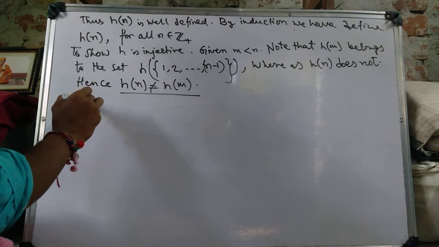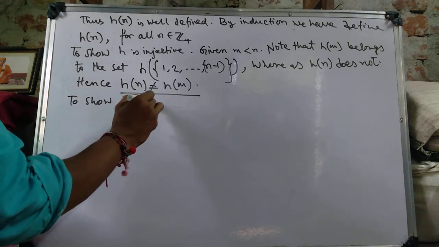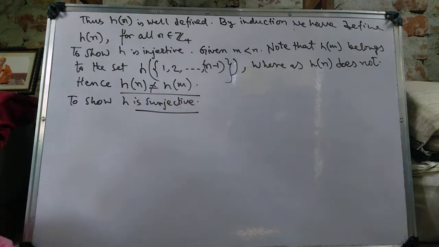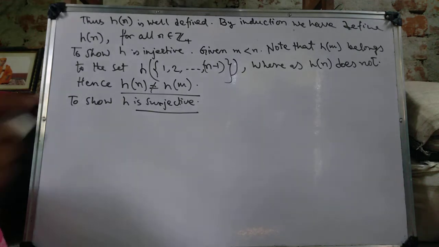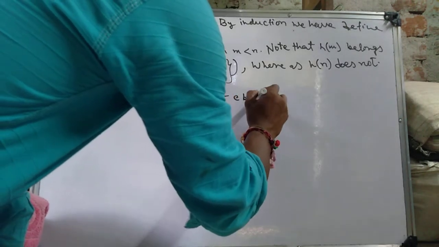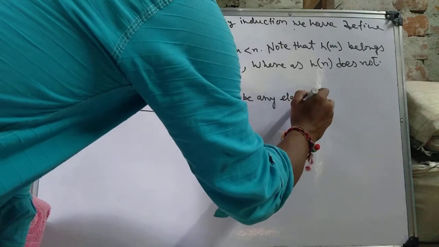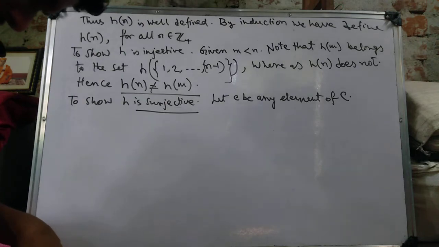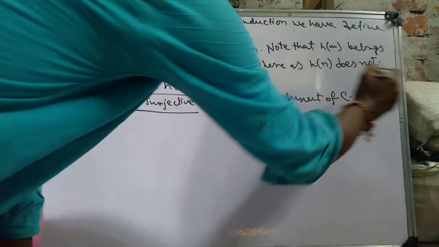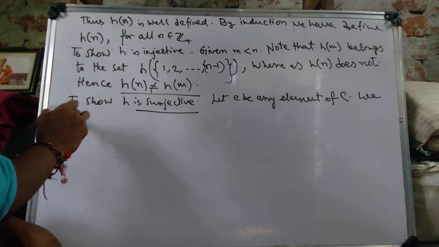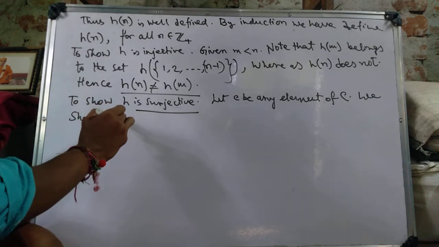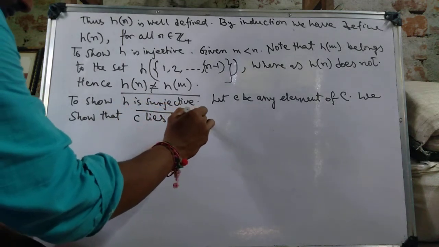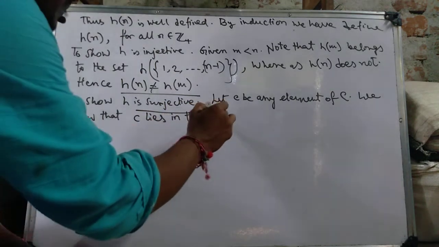Then we show h is surjective. Let c be in C; we show c lies in the image set of h.